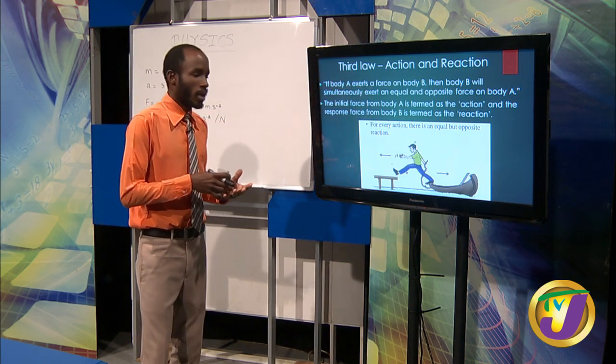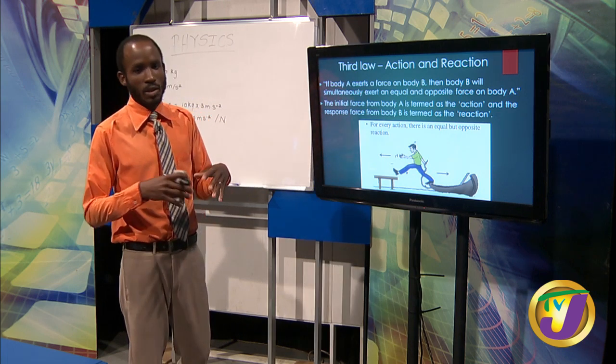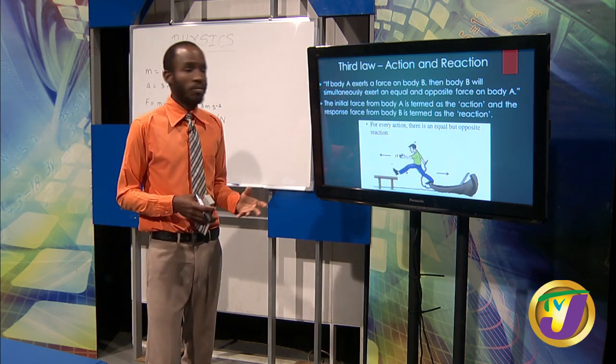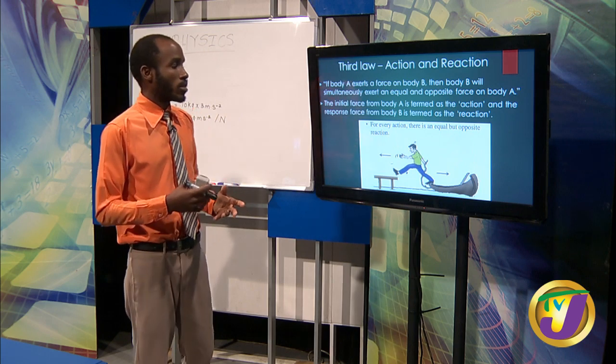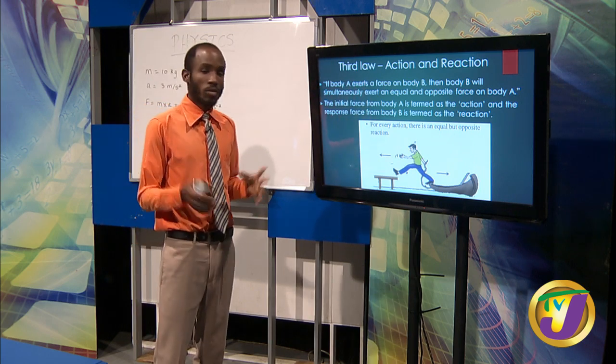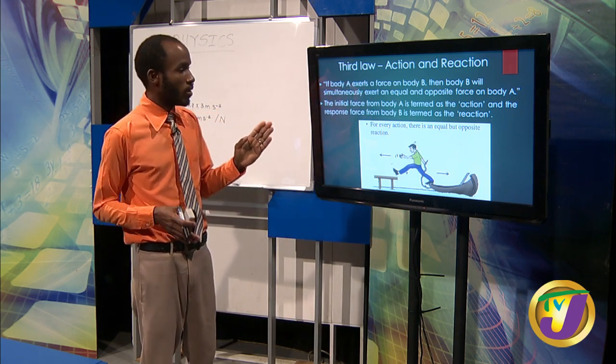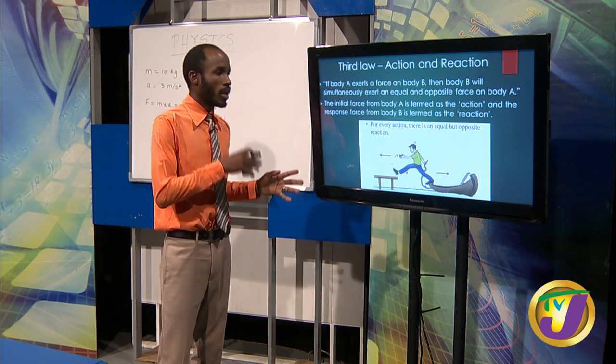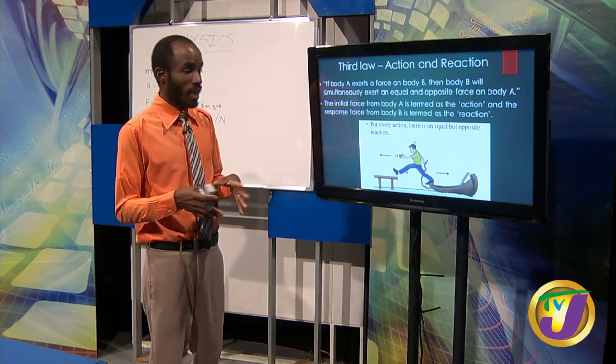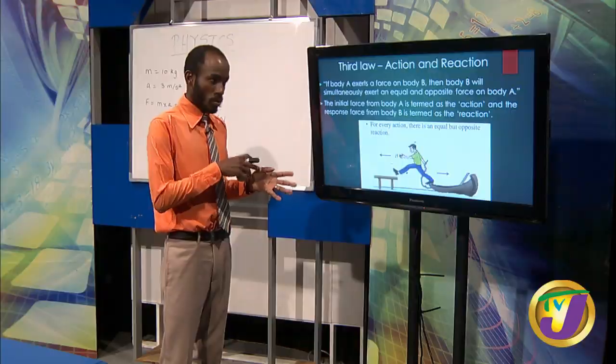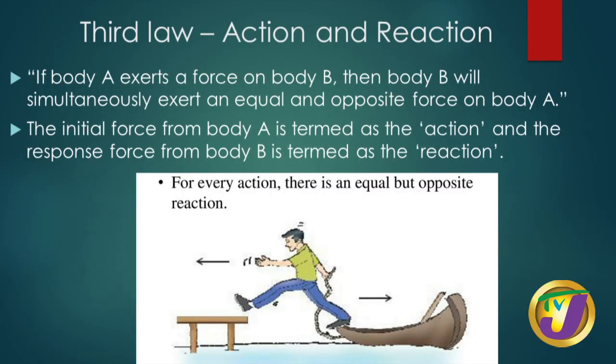If body A, and this body A can be anybody, from as small as an atom to as large as a planet, exerts a force on body B, so we're talking about two separate objects here, then B, the second object, will simultaneously exert an equal and opposite force on A. All right?